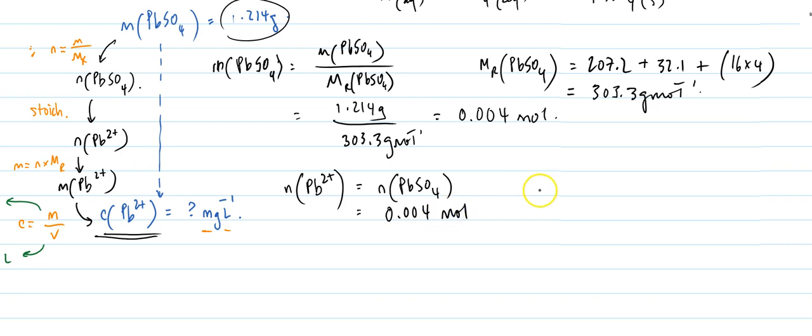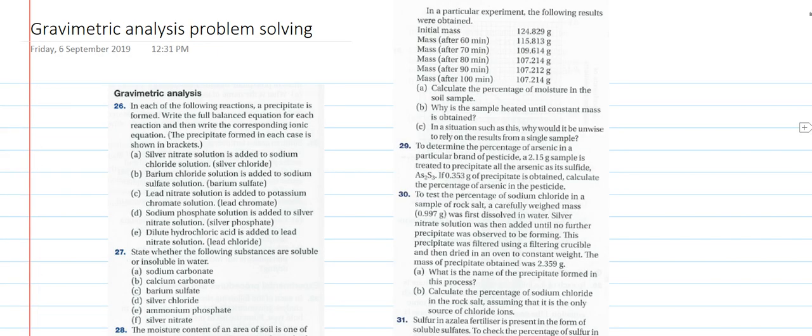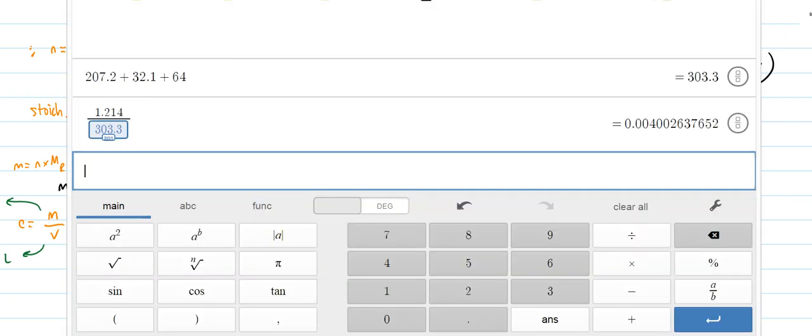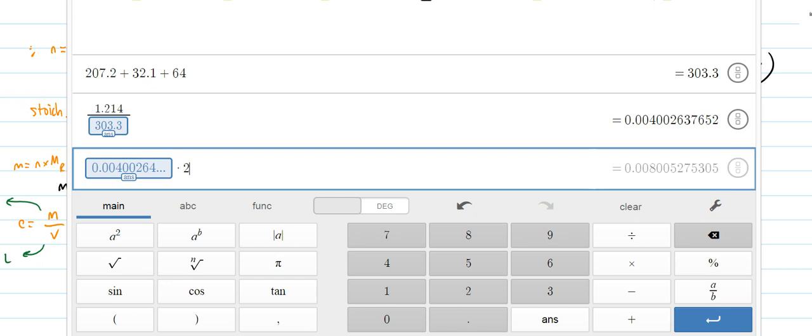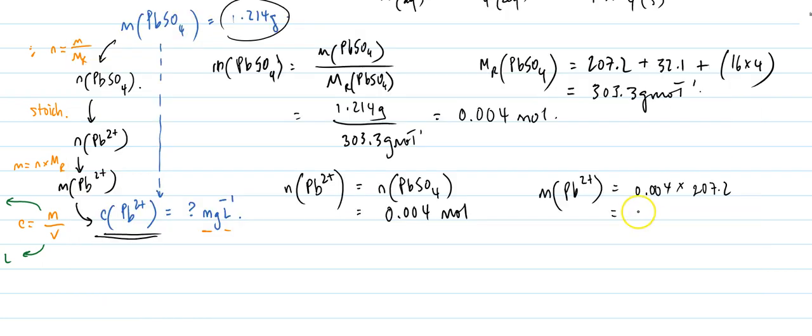So you've got the number of moles of lead ions there. So the mass of lead then is going to be 0.004 multiplied by the molar mass of lead, which is 0.829 grams.